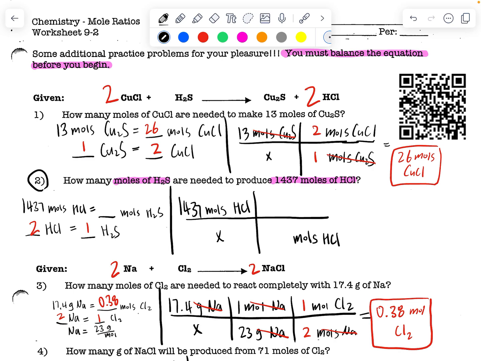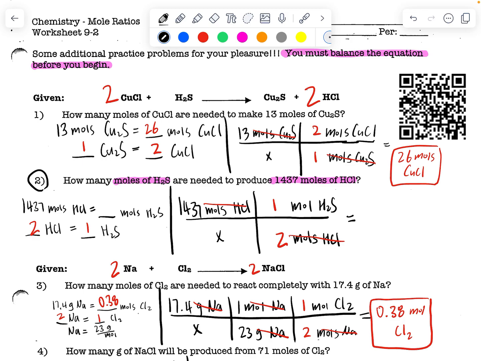And if you look back to your mole bridge that we just found, it looks like 2 moles of HCl and 1 mole of H2S. And that's it, right? Moles of HCl and moles of HCl, they cancel away, the units. And the only thing that's remaining here is the moles of H2S, which is what we're trying to find here. Okay?